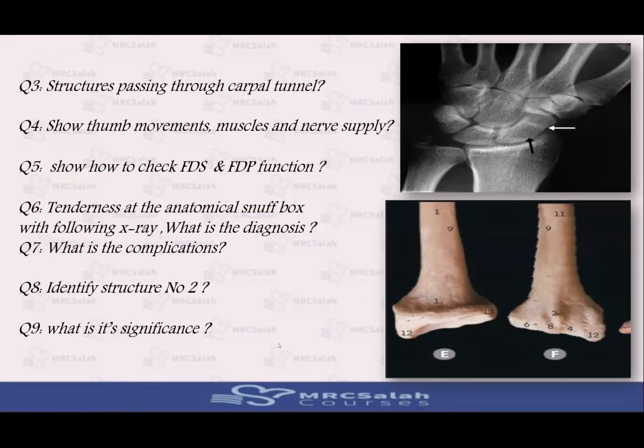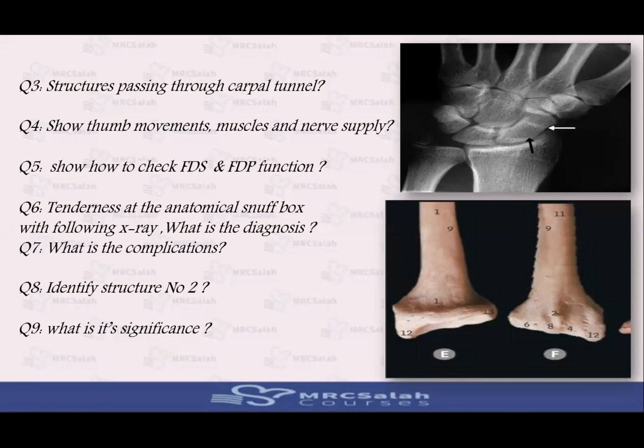Dr. Yasmin, flexor carpi radialis is not passing through, I think. Only the flexor retinaculum.